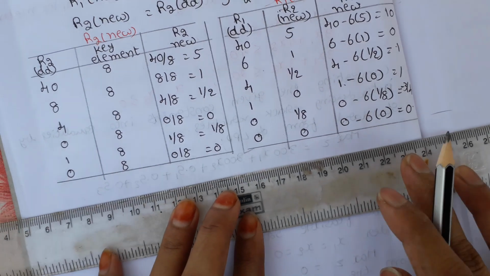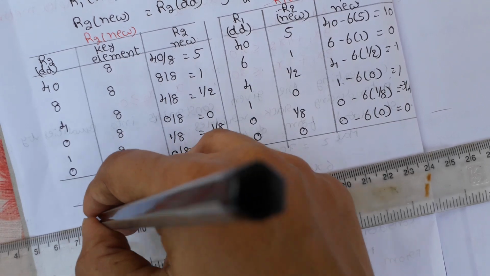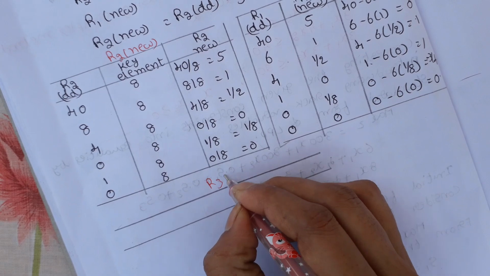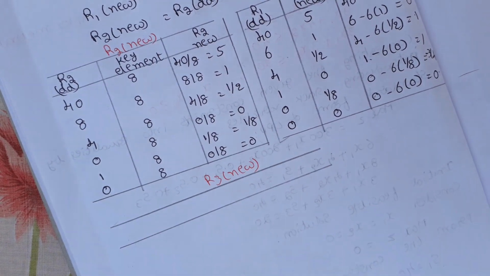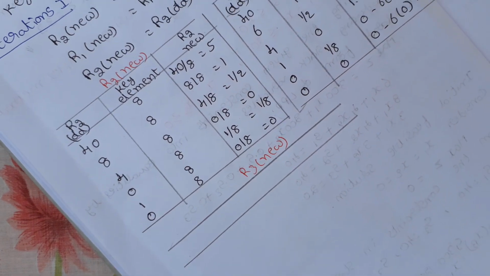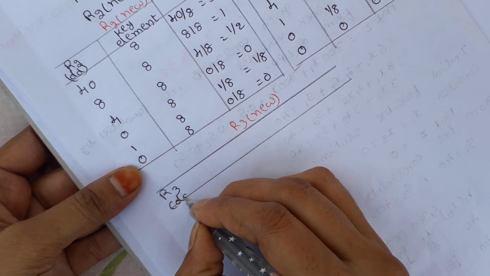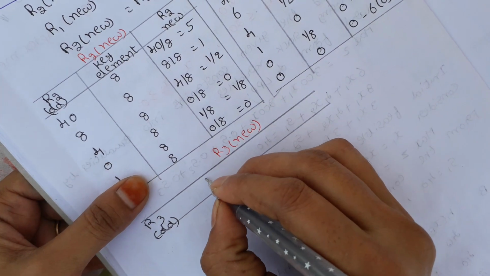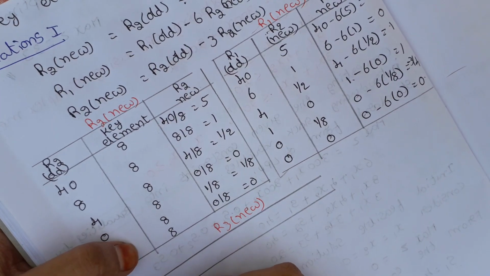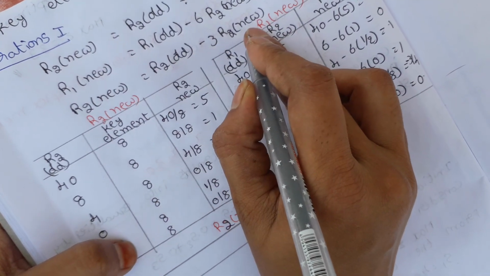Okay. And the next one, we have R3 new also. We need to calculate that one now. So here we will write R3 new. For that, what are the values that we need to take? It is R3 old, and the second value we require is R2 new.